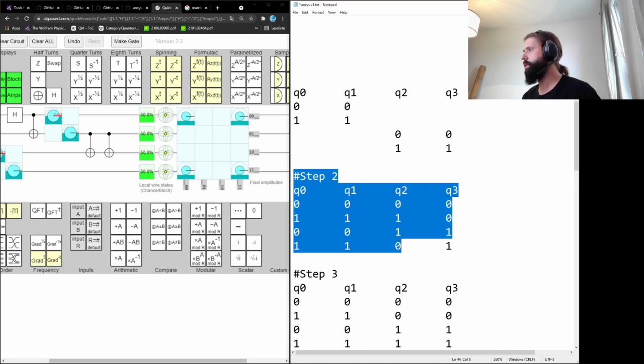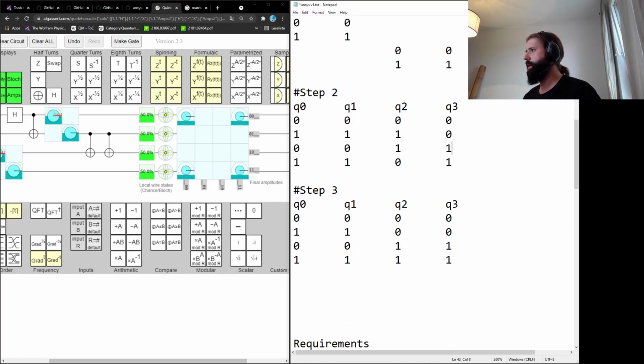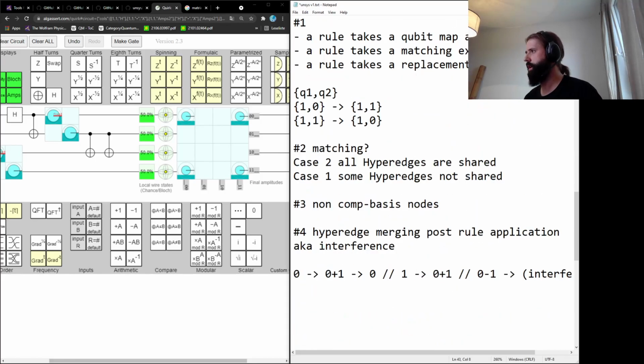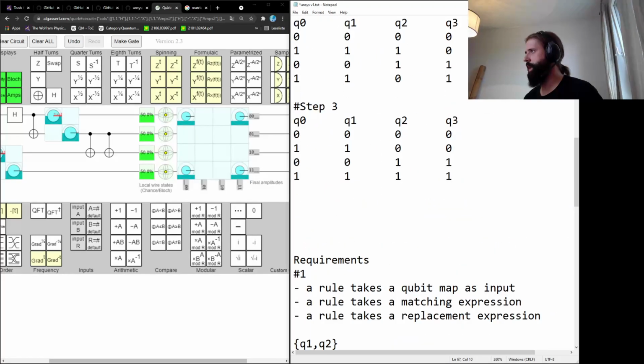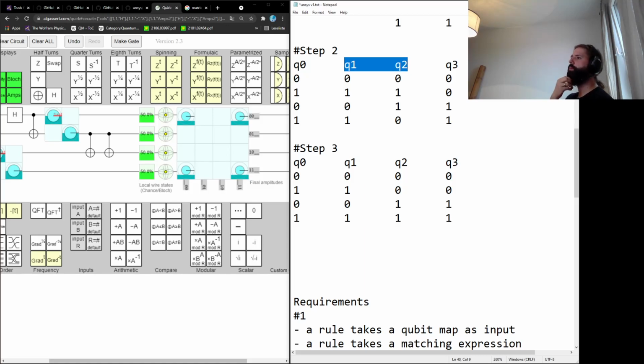And then I go here and I say, okay, I apply this rule, right? And I think this post processing for the factoring, after the matching, would be, okay, I've touched these two qubits. Can I separate them? The only way that I could separate these two qubits, right, is if I have something like this.